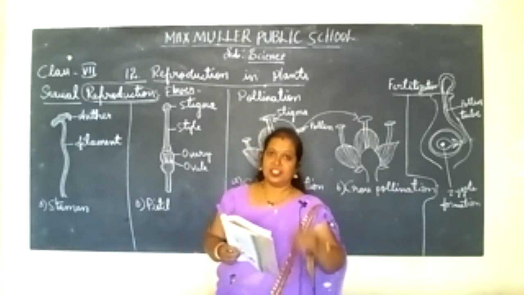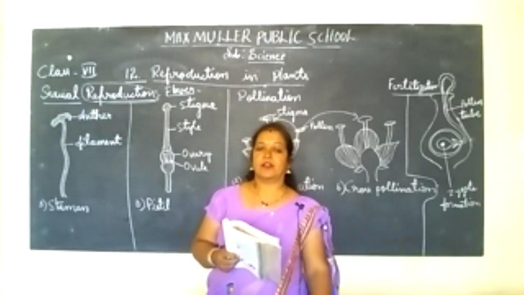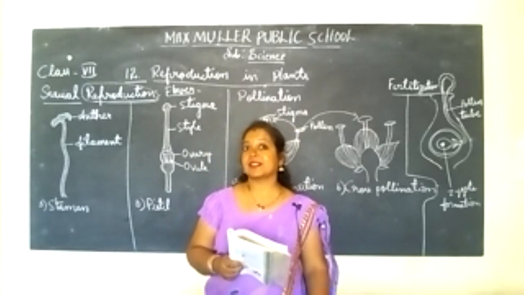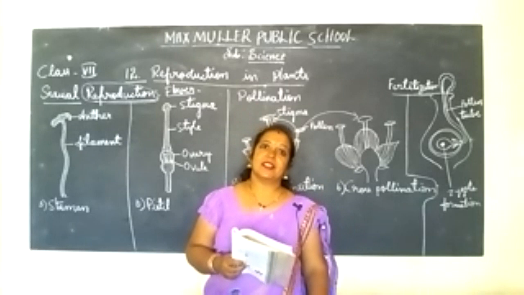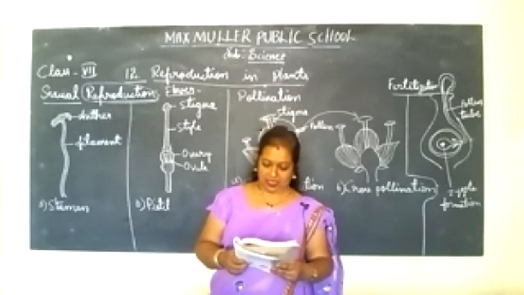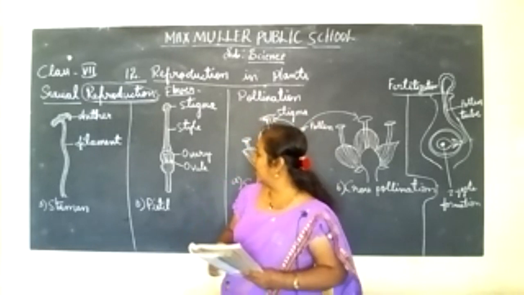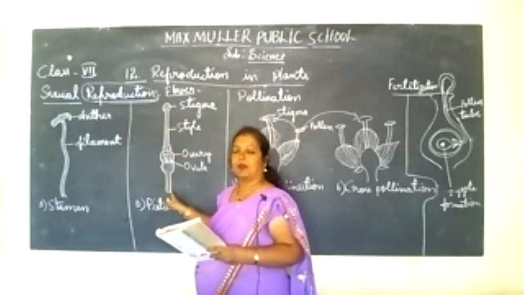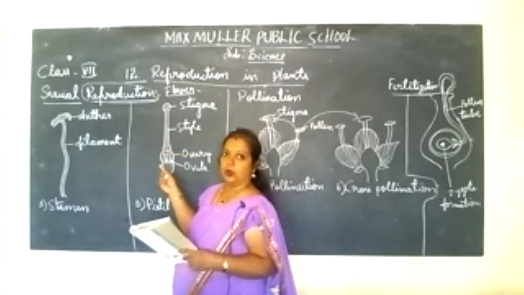Have you seen the flower? Just one example I am giving you. In everybody's house, we have the hibiscus flower. That flower you have to open and see the inner parts. See, that flower has the center part like this, and the outer parts.